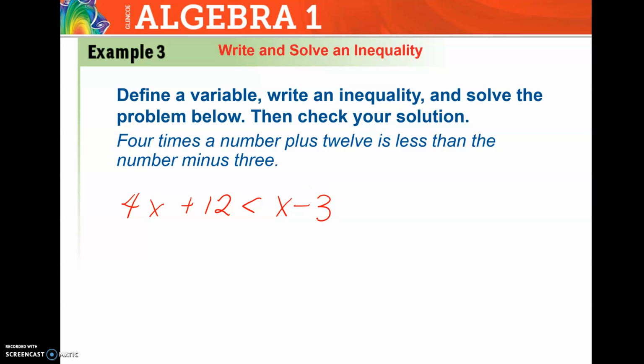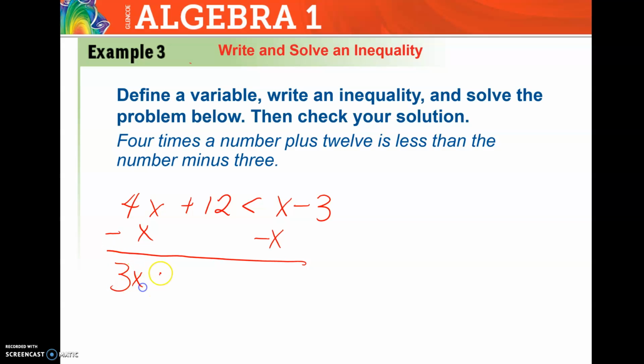So now I have variables on both sides, numbers on both sides, so there's not one specific way to move things. But I know that I want it in the form of variable, sign, inequality, and then number. So I'm going to move numbers to the right and variables to the left. So I'm going to move this x over to the left.